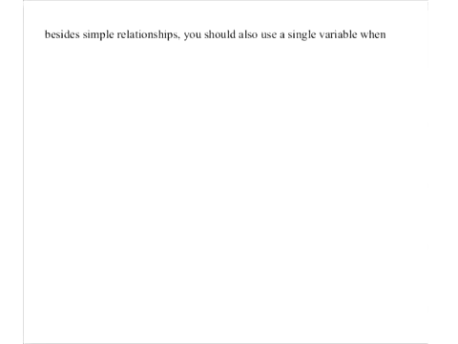One more situation in which you can use a single variable. Besides simple relationships, you should also use a single variable when one quantity is expressed in terms of another quantity.